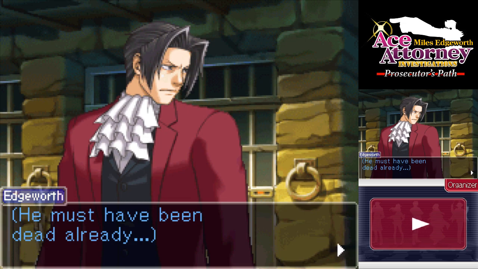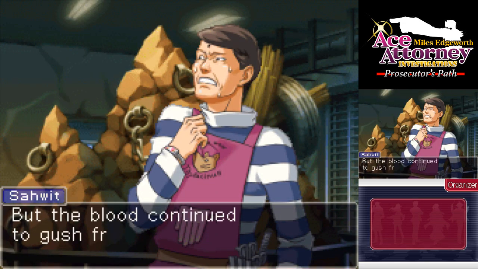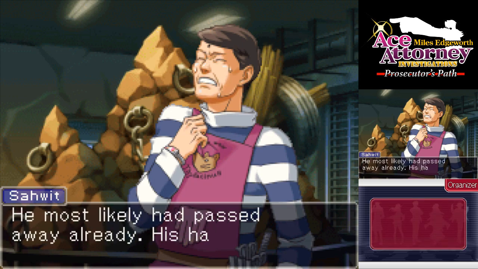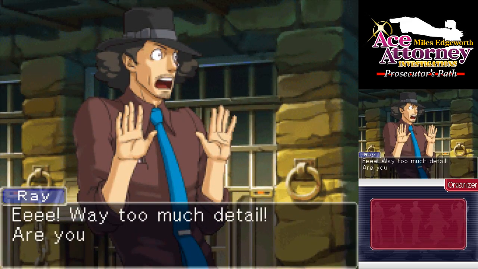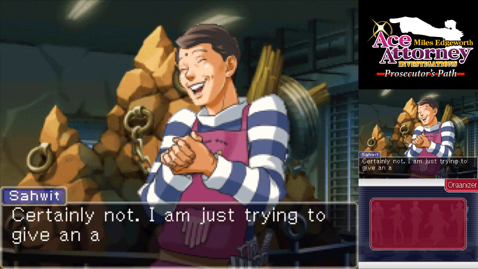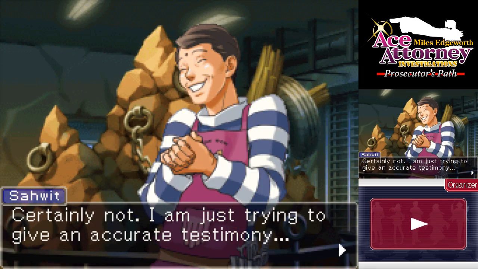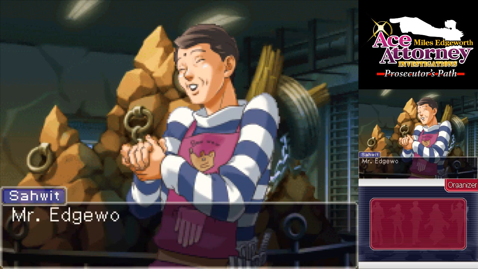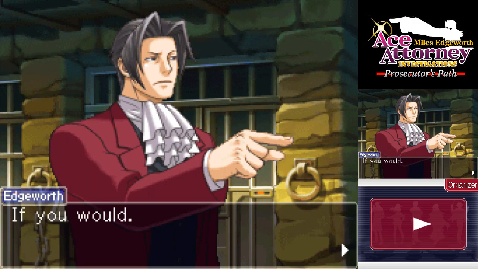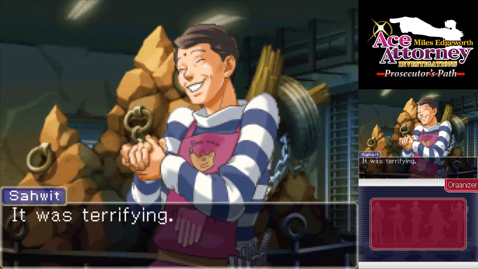He must have been dead already. But the blood continued to gush from his neck. He most likely had passed away already. His hands moved nary an inch. Hey, way too much detail. Are you doing this on purpose? Certainly not. I'm just trying to give an accurate testimony. Mr. Edgeworth, shall I add that statement to my testimony? If you would. It was terrifying.